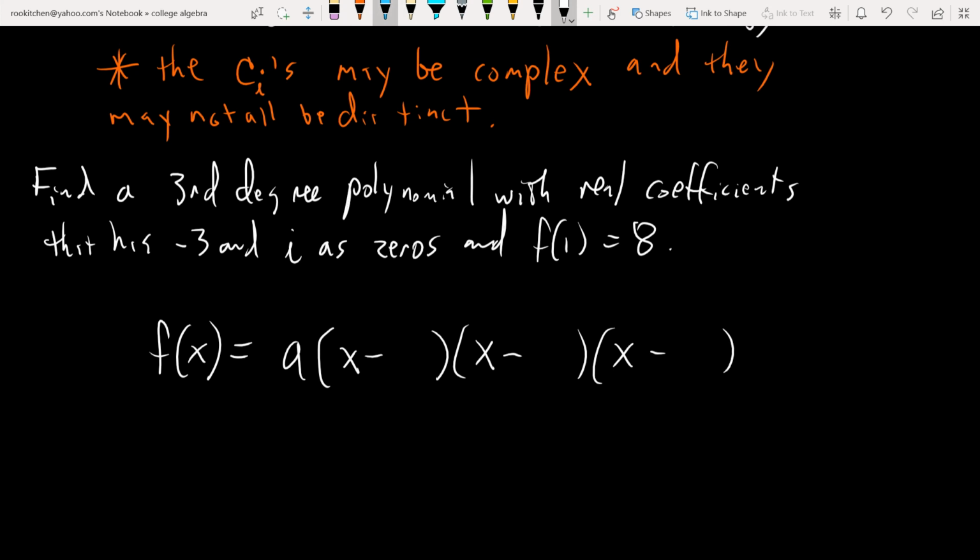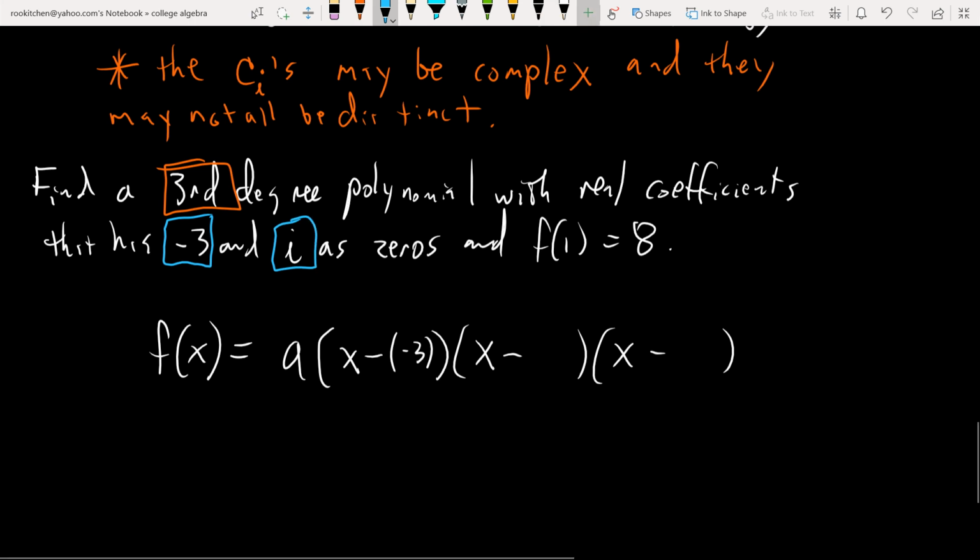If it's third degree, you're going to need 3 of those linear factors. It's telling you it has some of the zeros right there. So in blue here, one of the zeros is -3, so I'm going to put -3 in here. One of the other zeros is i, so I'm going to put i in the next one.